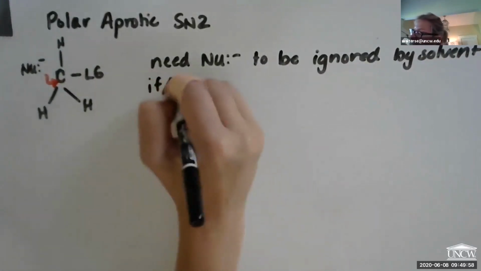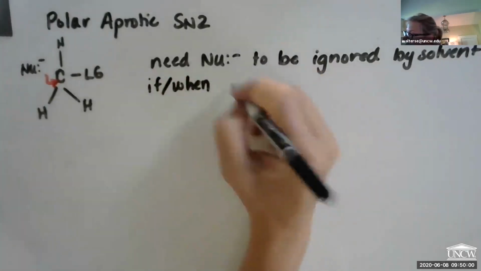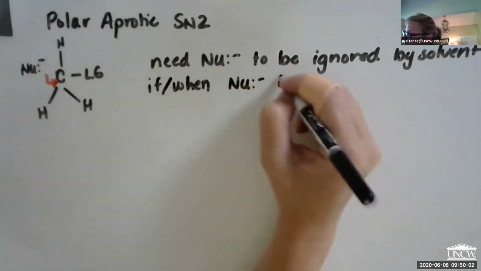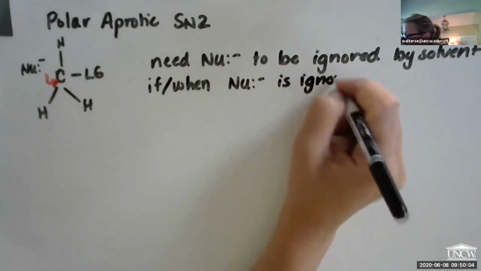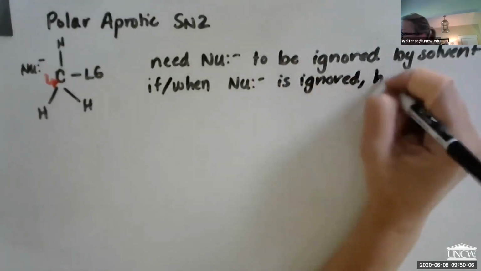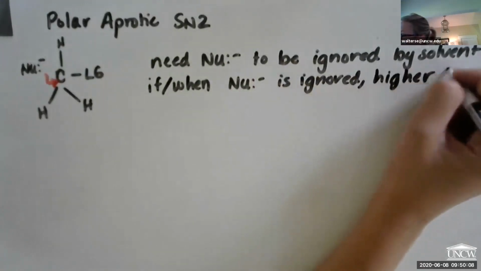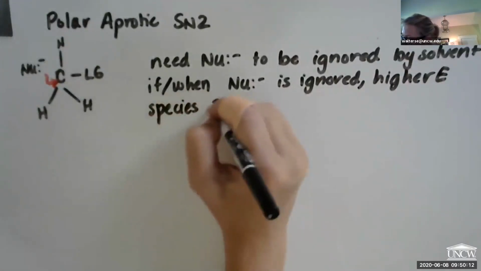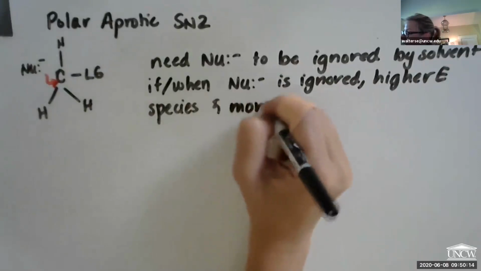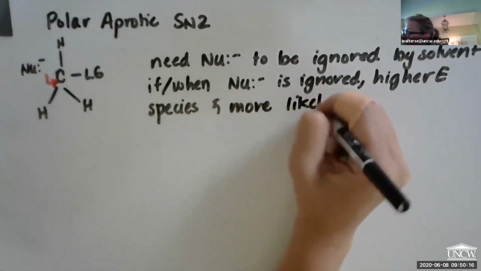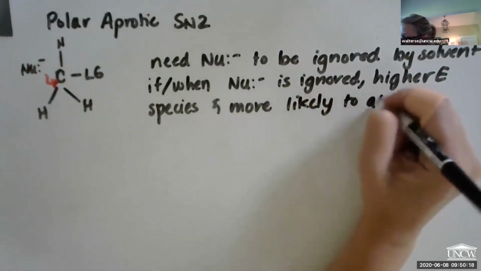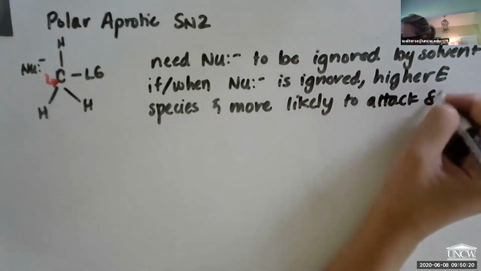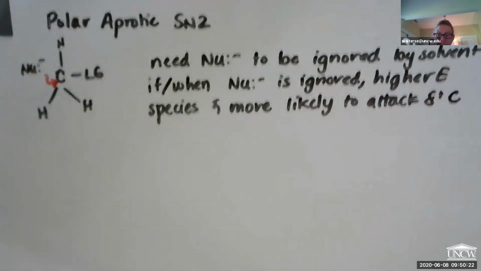If the nucleophile is ignored, it's a higher energy species and more likely to attack that partially positive carbon.